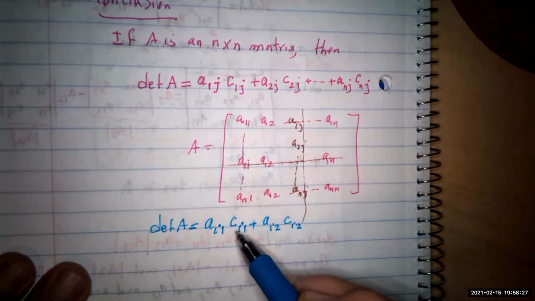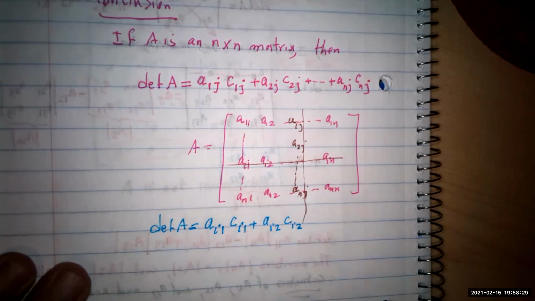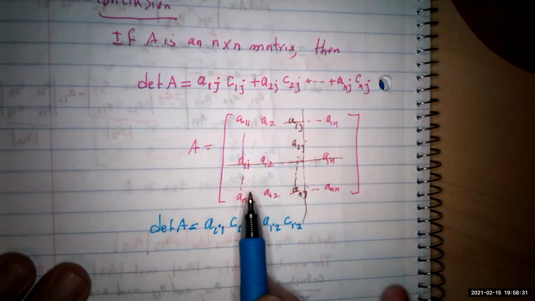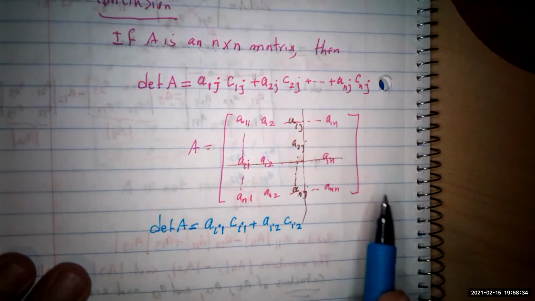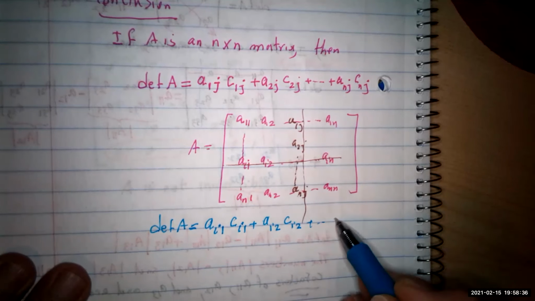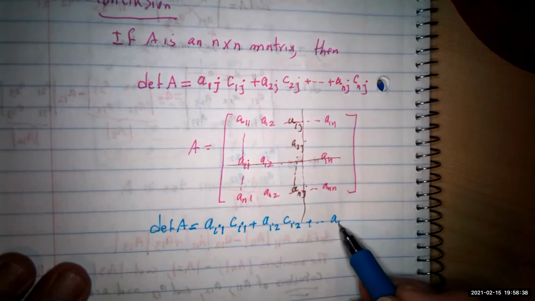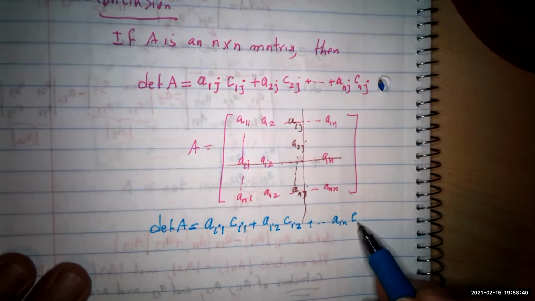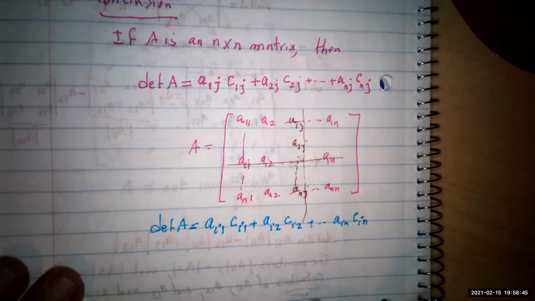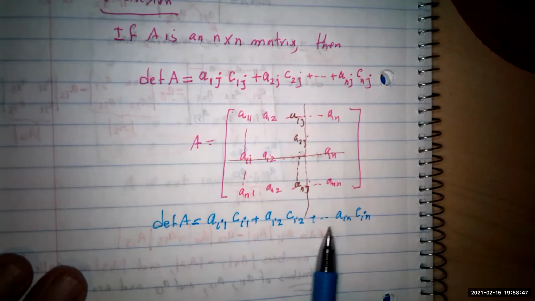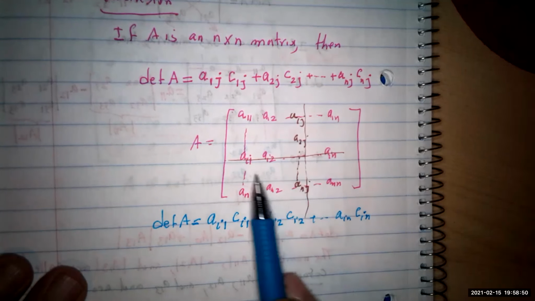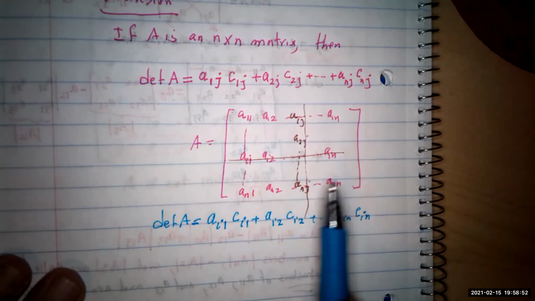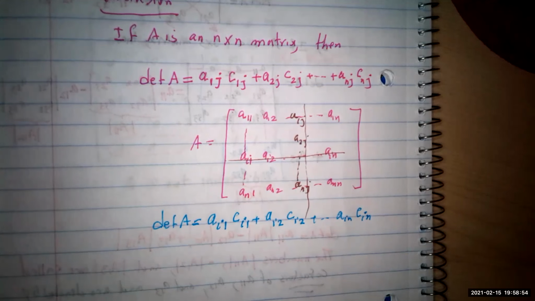So this is going to be Aij Cij, Ai1 Ci1, Ai2 Ci2, up to Ain times Cin, if you like. These are going to be the cases. So this is a different format that we can have for the determinant.